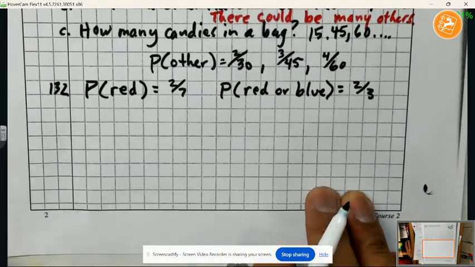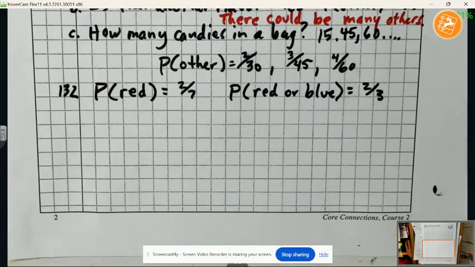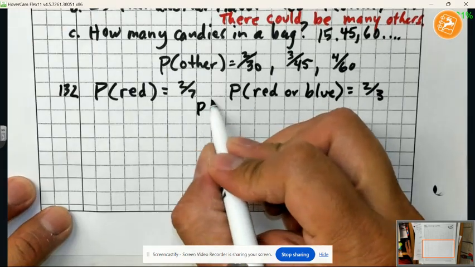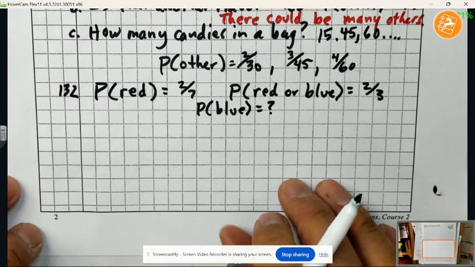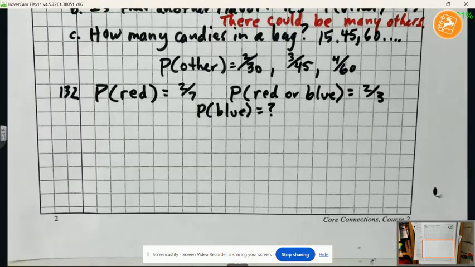All right, and the problem is, what is the probability of getting blue? Okay, so probability of blue, that's what we're trying to figure out. So think about that, see what you can come up with.